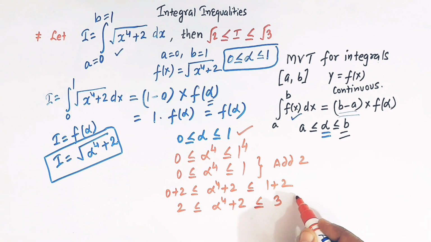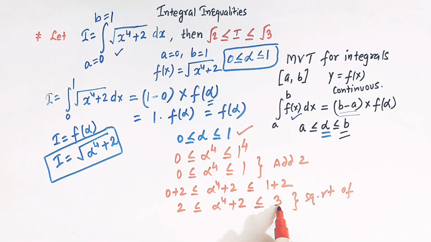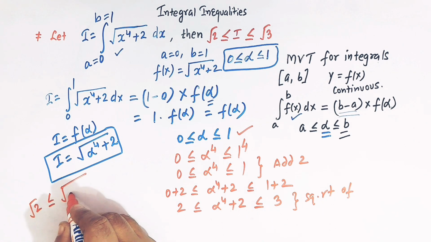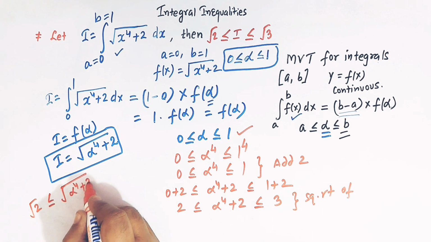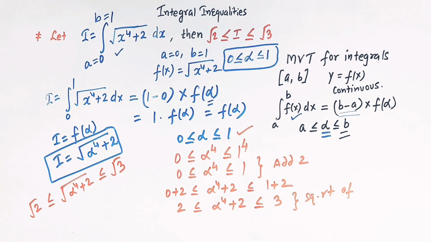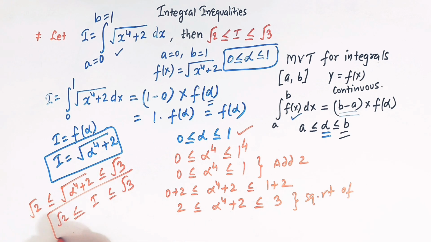Now here we have square root of alpha raised to 4 plus 2. So let us take the square root of all these three numbers, right? So we have square root of 2, square root of alpha raised to 4 plus 2, and here we have square root of 3, right? Now square root of alpha raised to 4 plus 2 is I, so we have square root of 2, I, and here we have square root of 3, and this is our desired inequality.